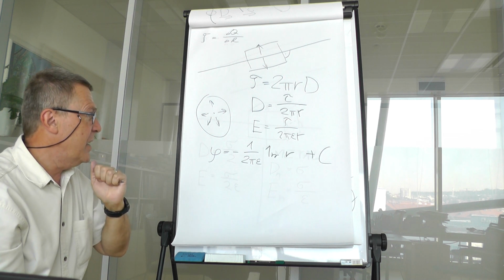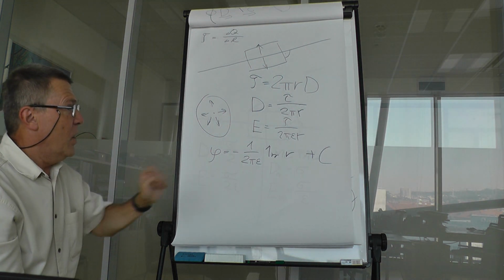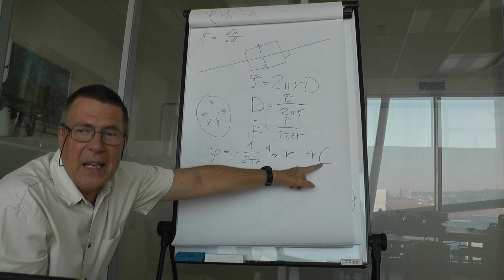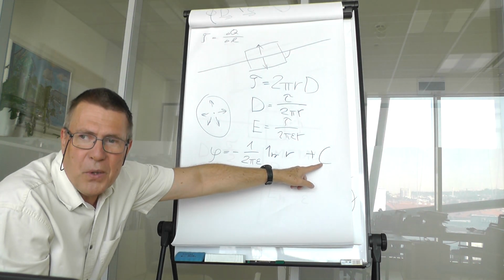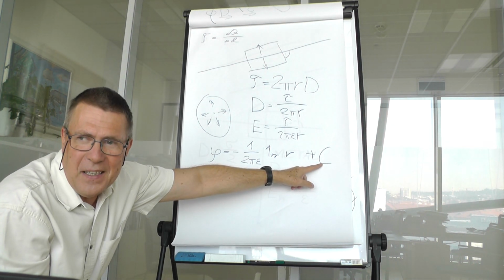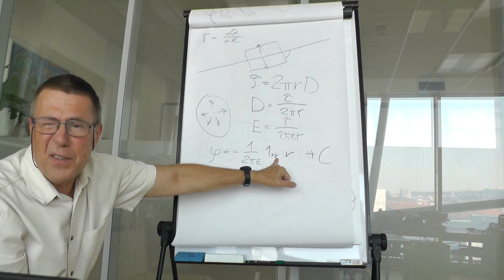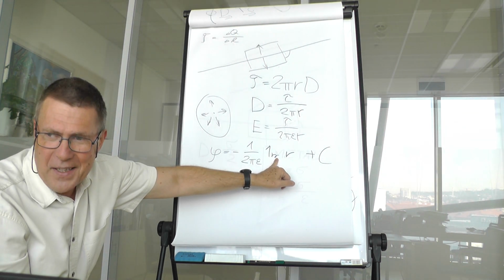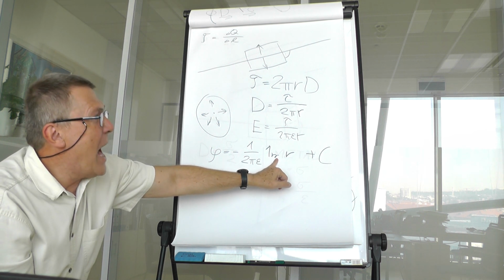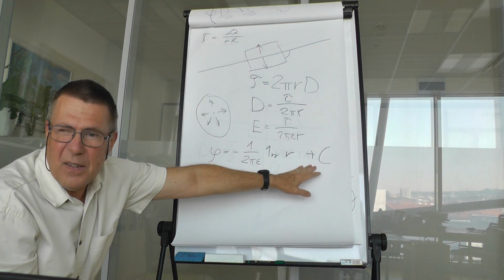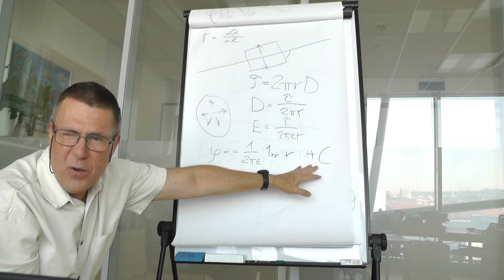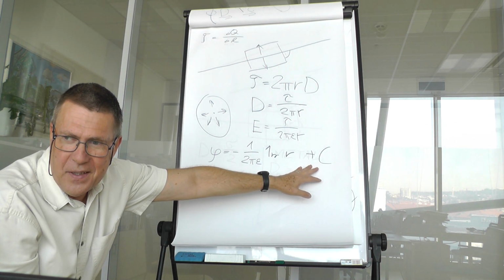Second remark, please note that in this case we cannot set up zero potential at infinity, because at infinity the logarithm also becomes undefined, an infinity, and therefore an infinity location for the zero potential point would not work.